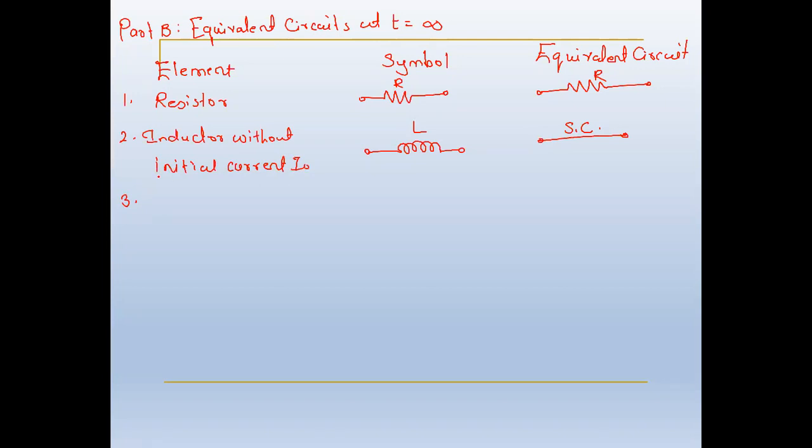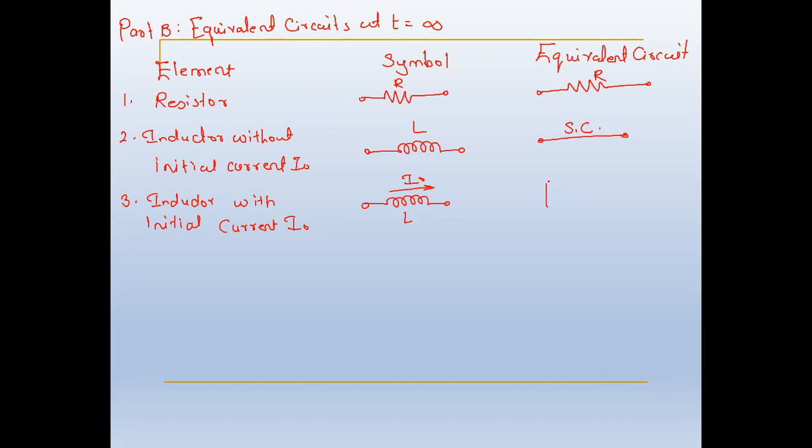Third condition, inductor with initial current I0. I0 is the current which is moving across the inductor.